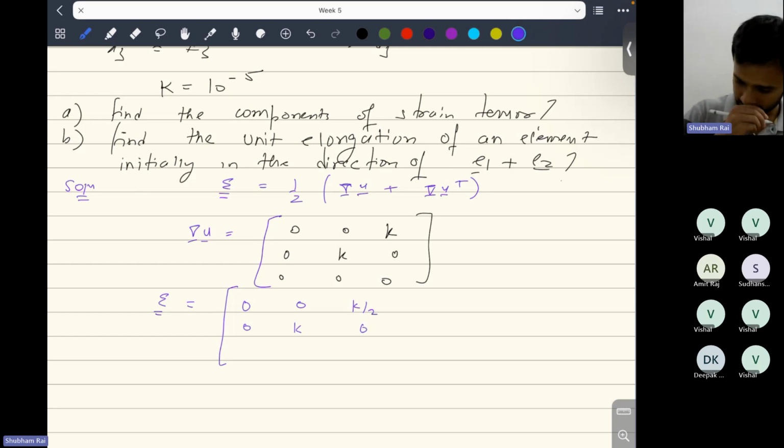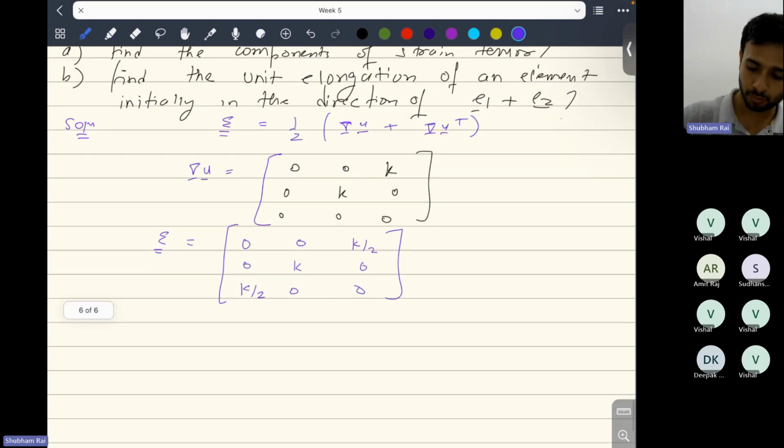Here you will get 0 again, and at this position, because when you do the transpose, the first row will be 0 0 k, so this element will be 0 plus k by 2, that is k by 2. This will be 0, this will be 0. These are the components of the strain tensor.